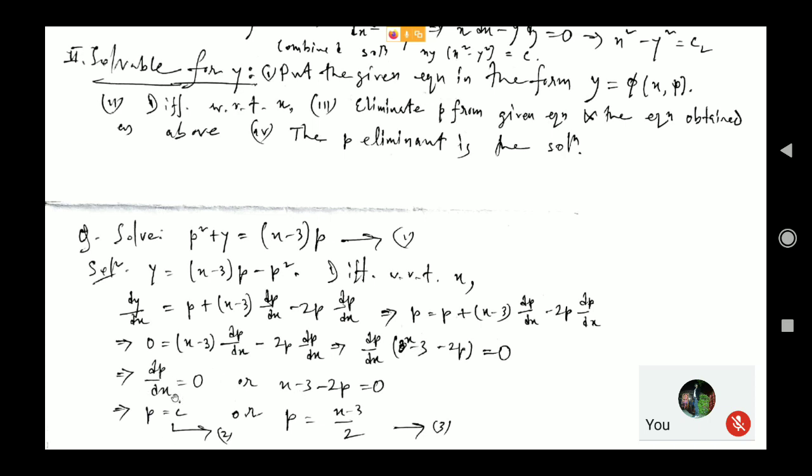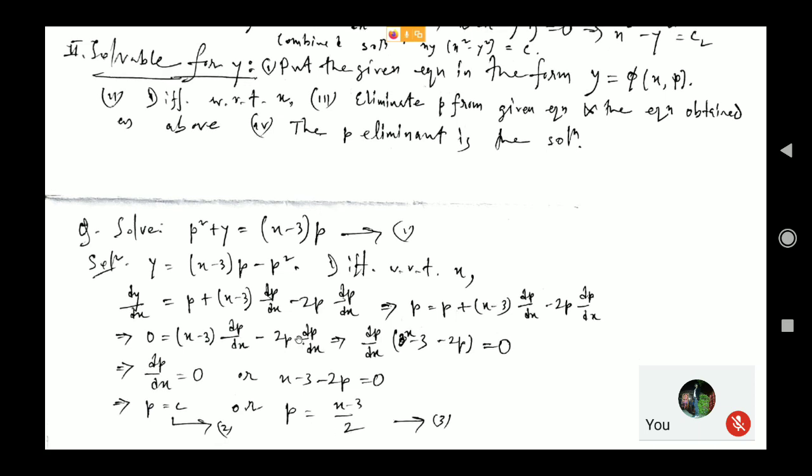If dp/dx equal to 0, then by direct integration, you get p = c. And if this is 0, you solve directly that p = (x − 3)/2. So these two solutions for p we have obtained. Now last step is eliminate p using this equation and the given equation.